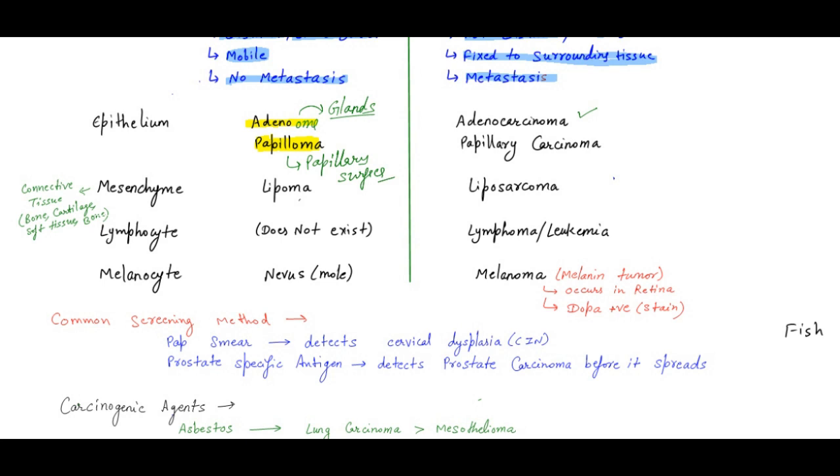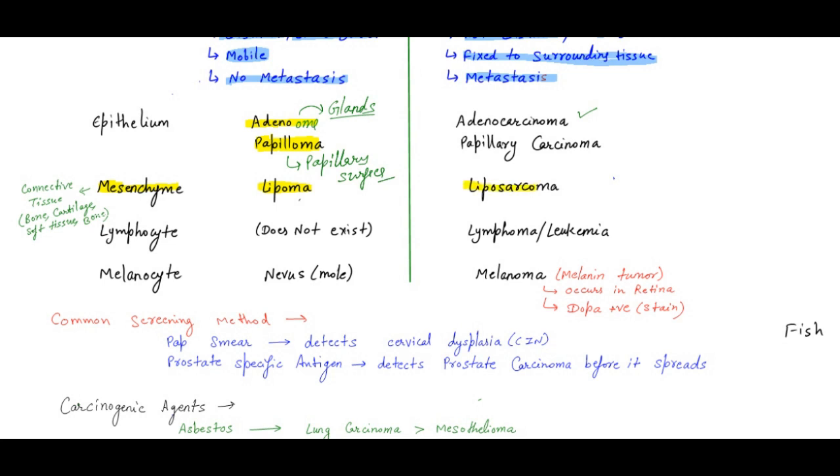Then remember mesenchyme, it simply means connective tissue. In the connective tissue, we can have bones, cartilage, soft tissue, and blood. So remember the mesenchyme: we have lipoma and liposarcoma. Lipoma is a soft tissue tumor of the lipids.